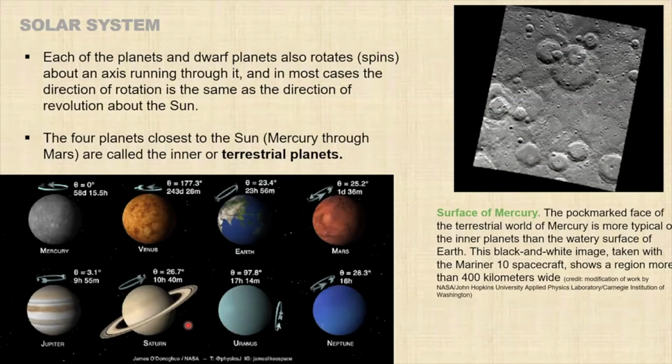And these planets orbit in a very funny way, at least their rotation axes. Remember, Earth's rotation axis is tilted about 23.5 degrees to the ecliptic plane.